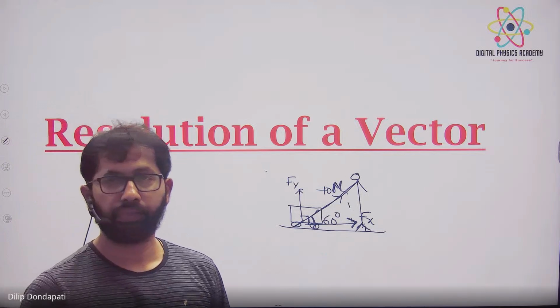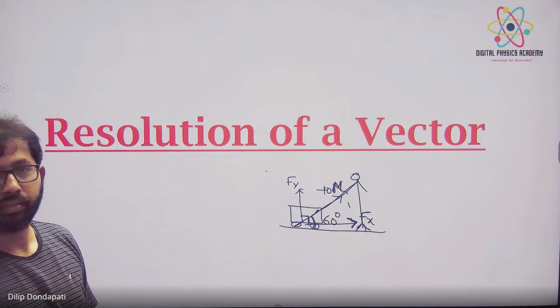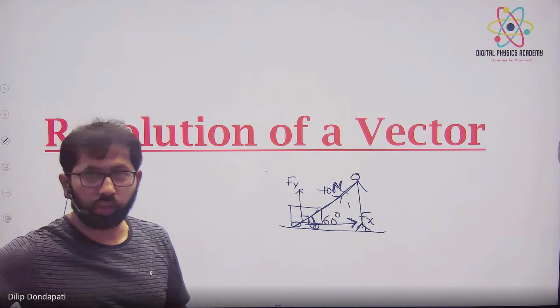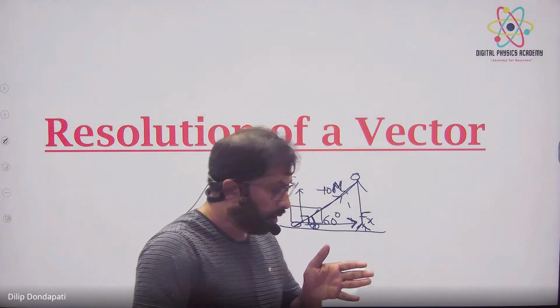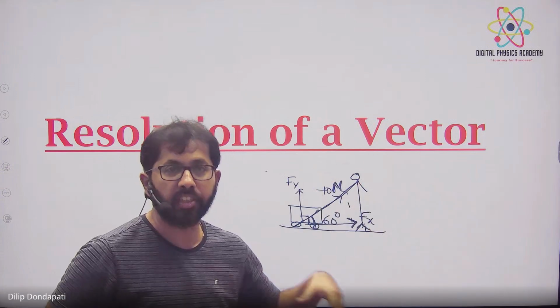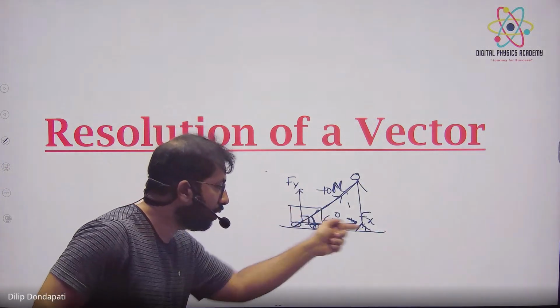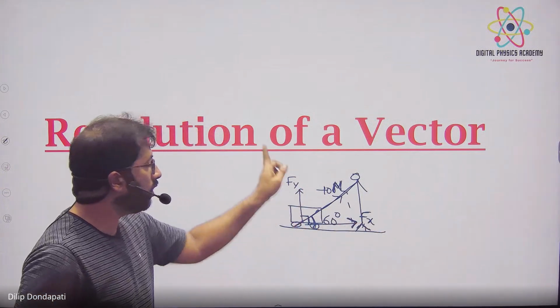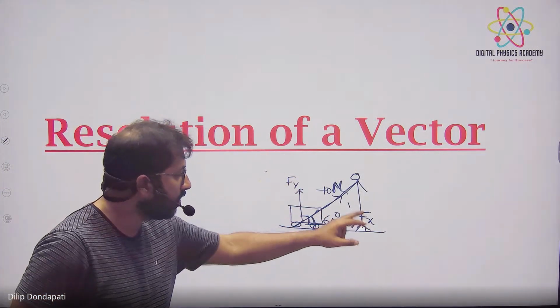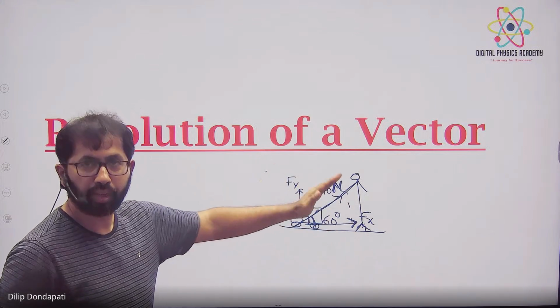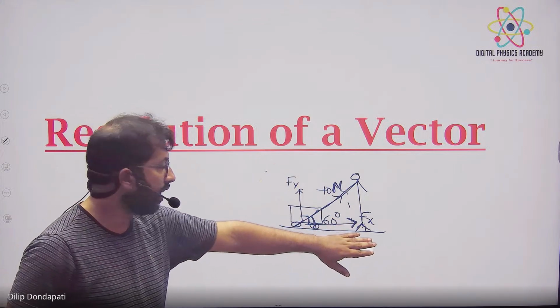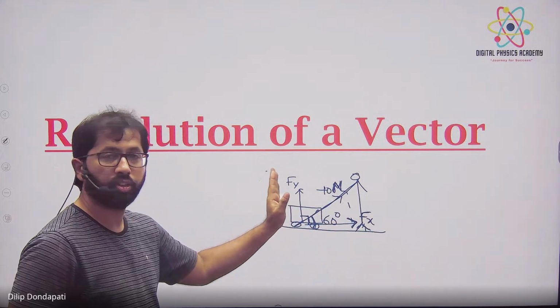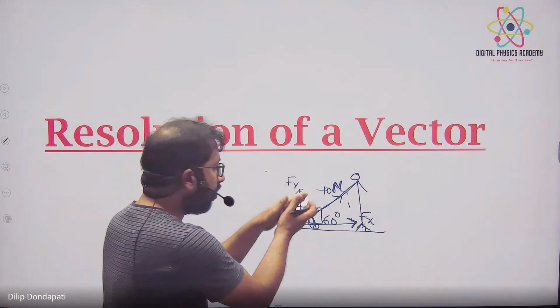Question: if the luggage is moving on the right side in the x direction, I want to know exactly how much force is acting in the x direction and how much in the y direction. Definitely this is not 10 newtons. So some component lesser than 10 newtons will be here, and lesser than 10 newtons here. Then only the resultant will be this one.